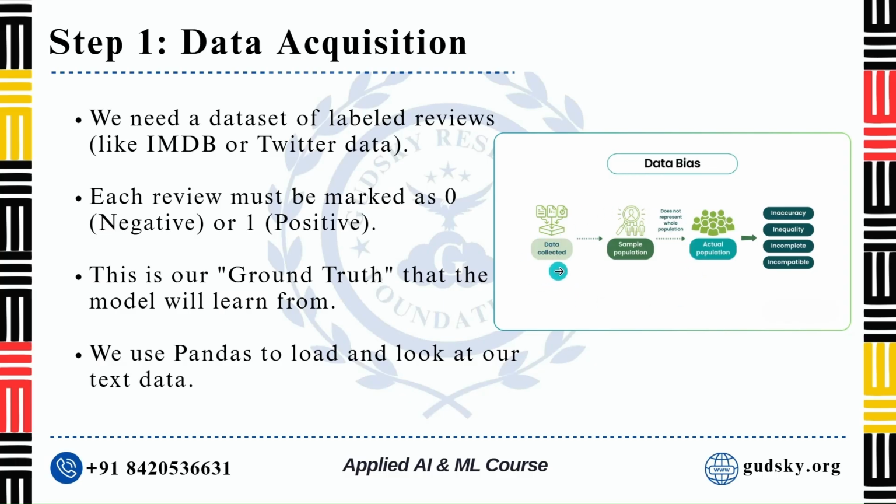The process: first the data is collected from the sample population, then it is checked on the actual population, and these are all the points where we will check our model: the accuracy, the quality, completeness, and the capabilities. So before moving forward, let's jump to our Jupyter notebook and start coding side by side.